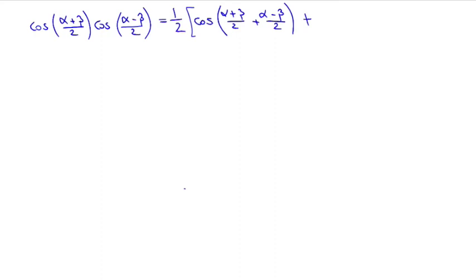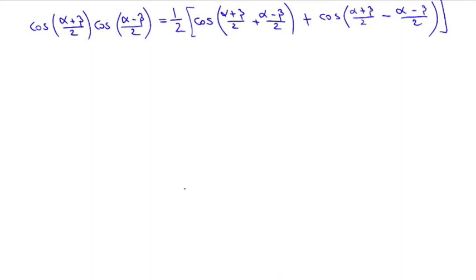Plus, and then the second one becomes cosine of alpha plus beta over 2 minus alpha minus beta over 2. And a bracket. And just see what the heck that does. This is one of those little mathematical tricks that there's no rhyme or reason why we're doing it. It's just because it actually works. Someone backtracked this and figured out how to go forwards with it.